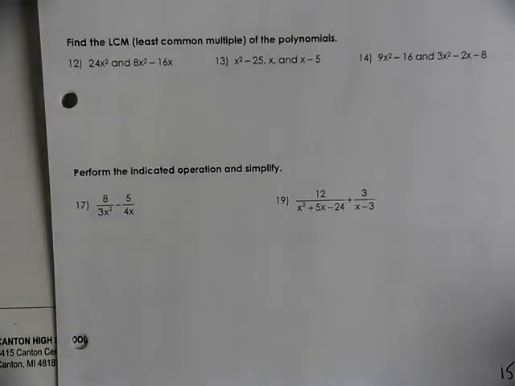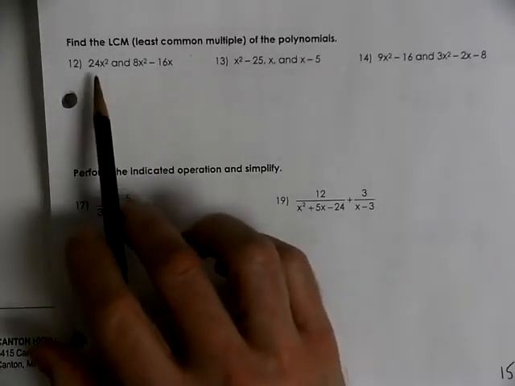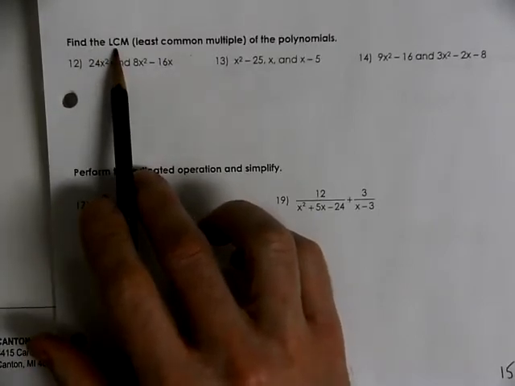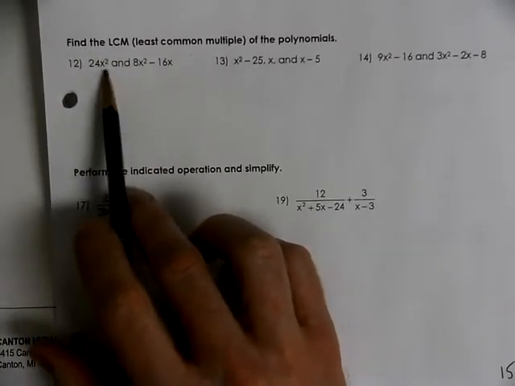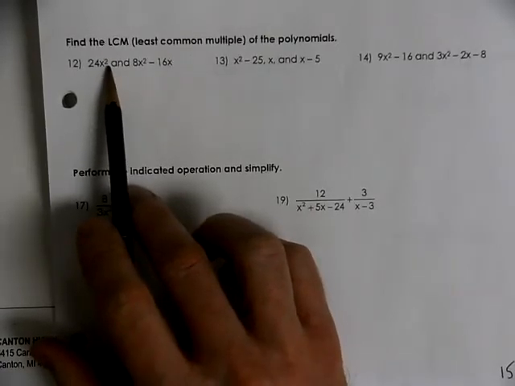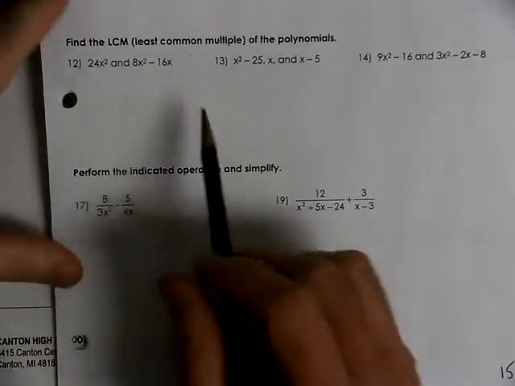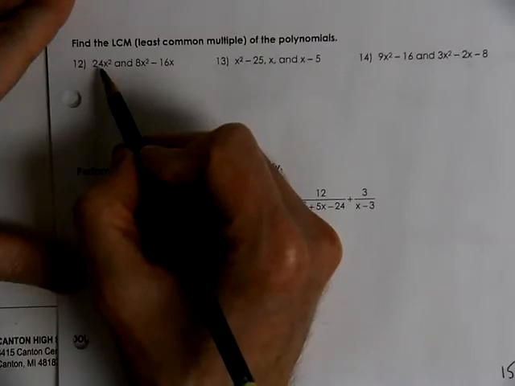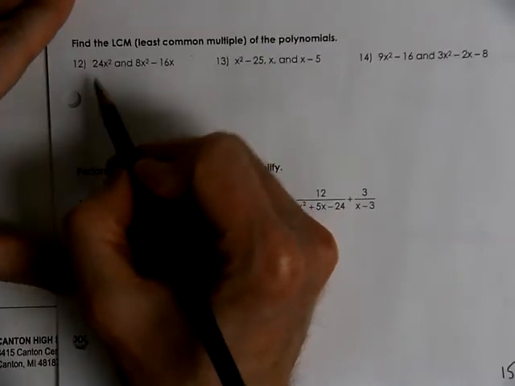In the homework, we're going to find the least common multiple. So these are acting like denominators. We're just trying to get the denominators to be the same. So what we're going to do is break these down into the smallest factors we can.